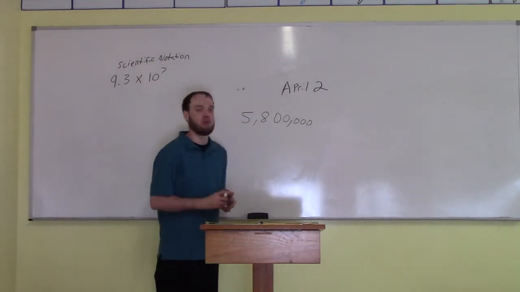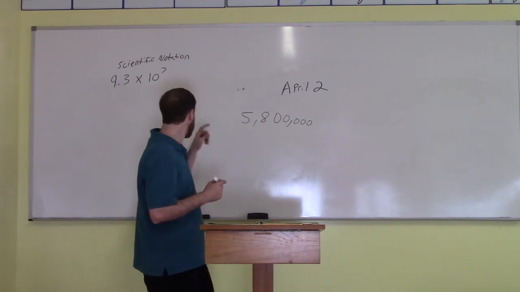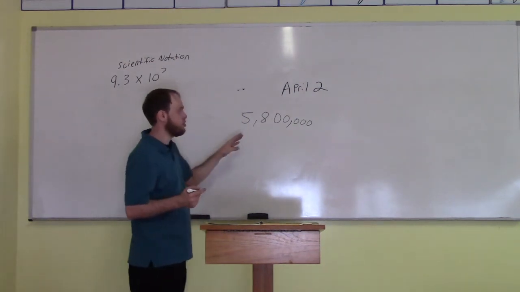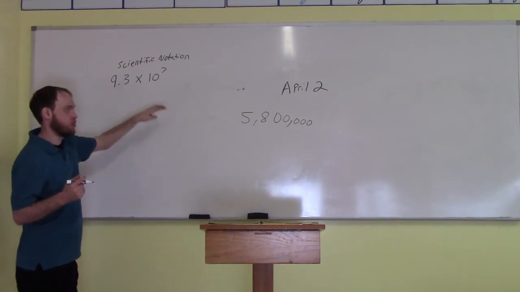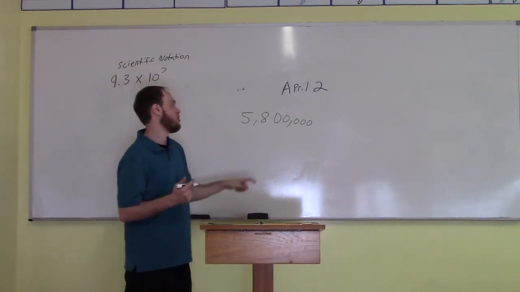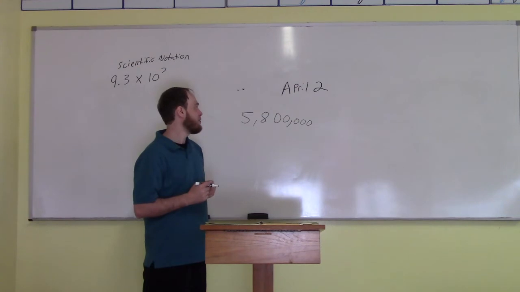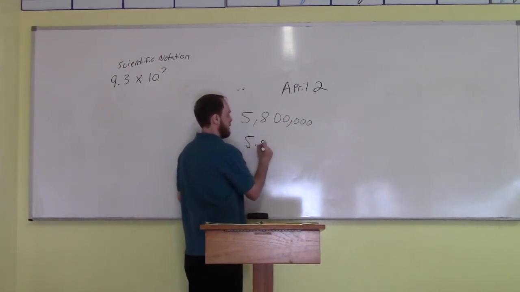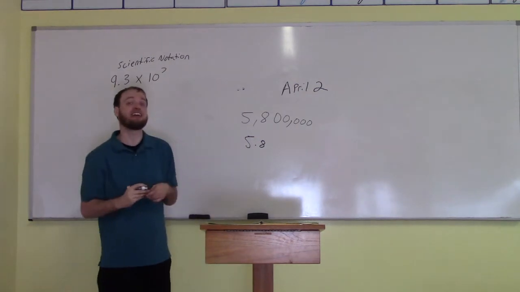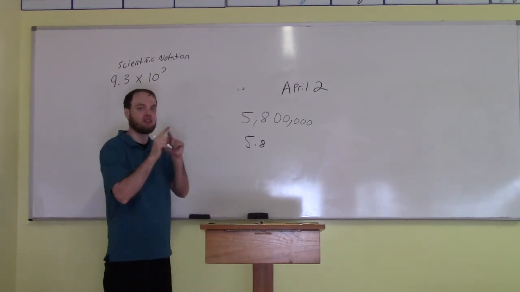And remember, the first thing to do is always this part, so we're trying to get the decimal number first with this problem. And so we're going to do 5.8, because, remember, the decimal always goes in between the first and second digit.